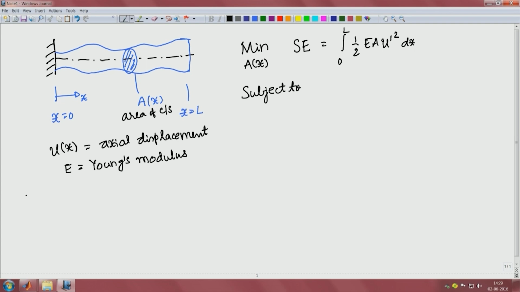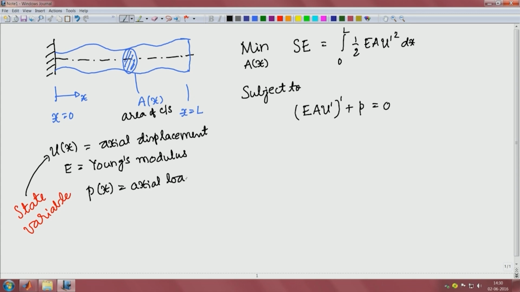this u of x in this problem is what we call the state variable. It indicates the state of deformation of the bar here. That has to be governed by a differential equation which we had derived earlier, which I will write: A u prime prime plus p equal to 0, where p of x is the axial loading.